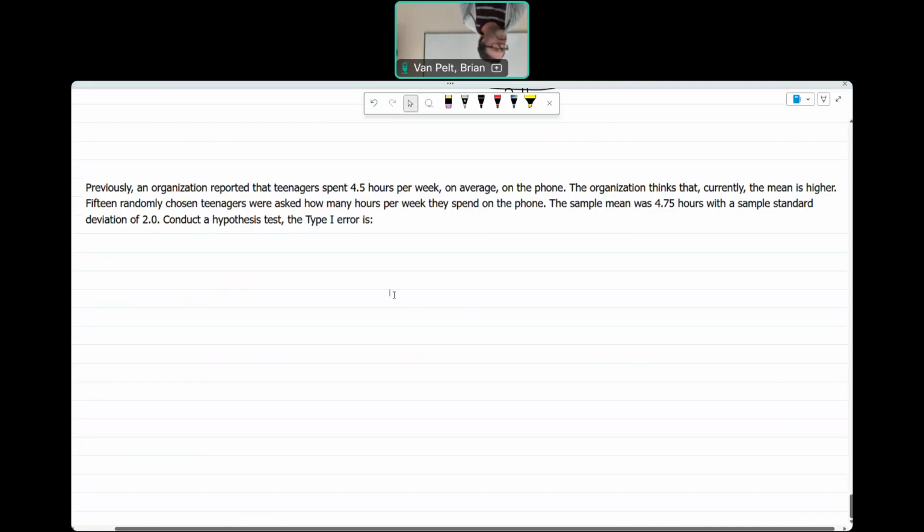You do not know the population standard deviation. So we have a sample. How do we figure that out? Well, I know the random number is 15.